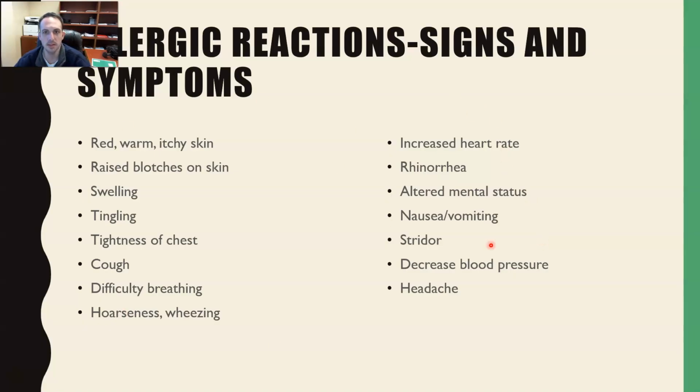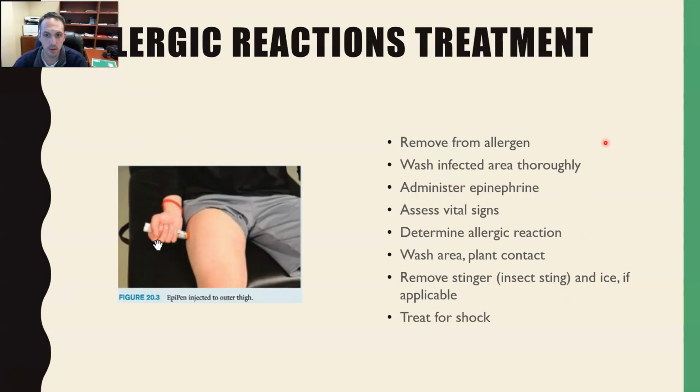You can see signs and symptoms of allergic reactions listed here. Depending on whether it's more localized, you may see those reactions more in the skin. And if you get into a more systemic aspect, you can see things as it goes down and becomes more problematic. Treatment for allergic reaction is first and foremost going to be removal from the allergen, right?